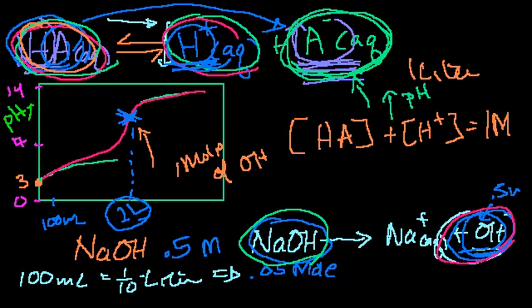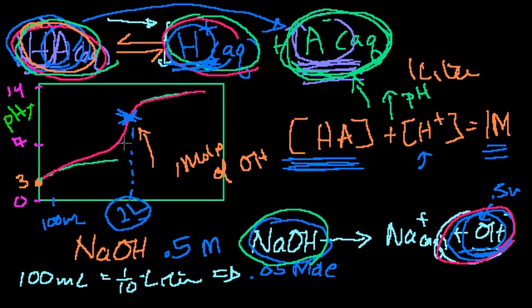Now, in most chemistry classes, this number is way bigger than this number for most weak acids. If you look at the pKa's for some weak acids, you'll see this number is a lot lower. So this is an indication of your initial concentration of your weak acid.